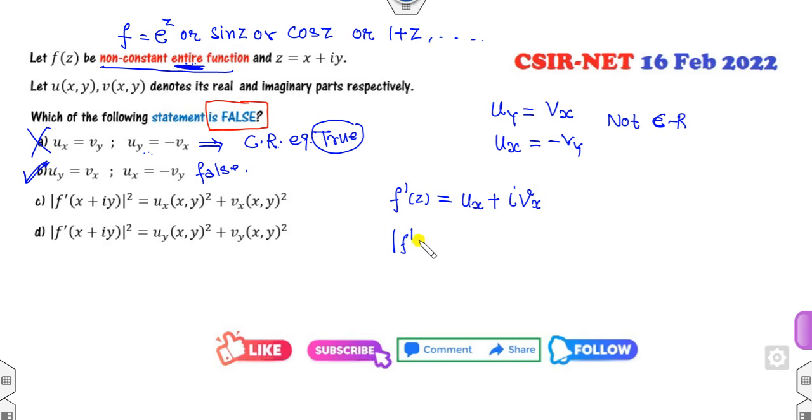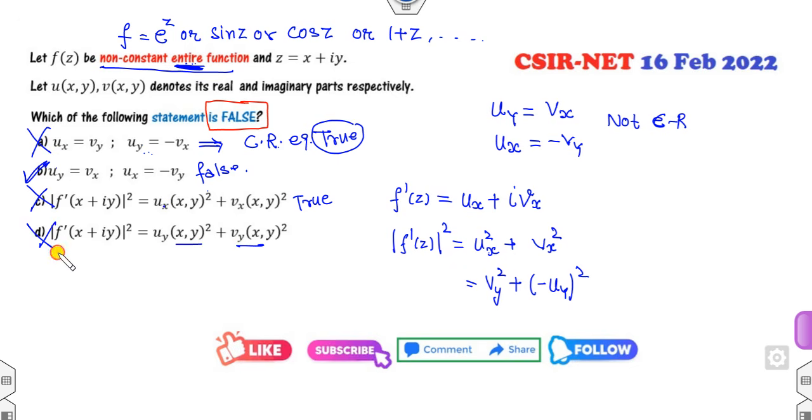Then I can find the modulus of this, which is ux square plus vx square, because the iota will be cancelled out. Yes, this is also my correct statement. By the CR equation, ux is equal to vy, and vx is my minus uy. Clearly this is satisfied. So this is also the correct statement, but we need a false statement. So the right answer is D.